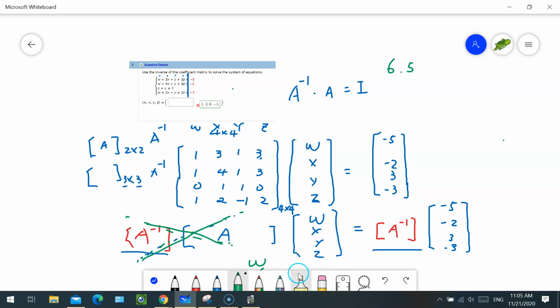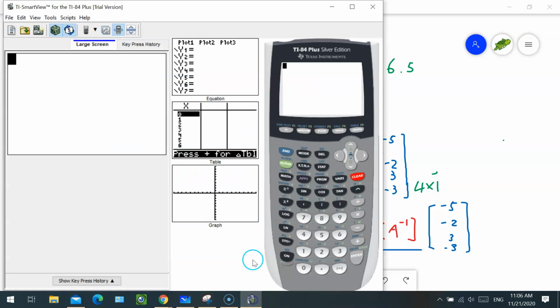By using the calculator. You need to create the 2 matrices. One matrix is 4x4. This one is your 4x4 matrix. Another matrix is 4x1. So I use the calculator to create a 4x4 matrix.